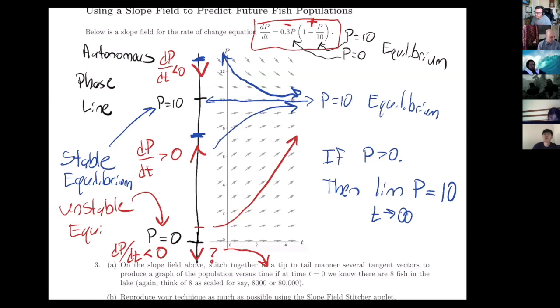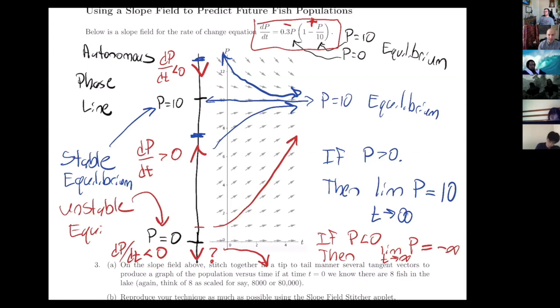And so if we start with a value less than 0, then a limit of these solutions, we could say, does not exist. They're going to keep going down forever.